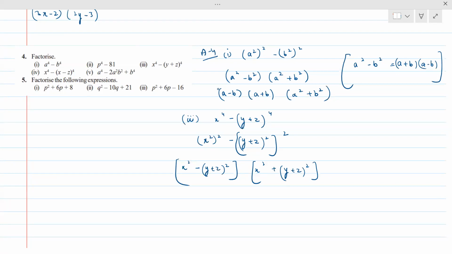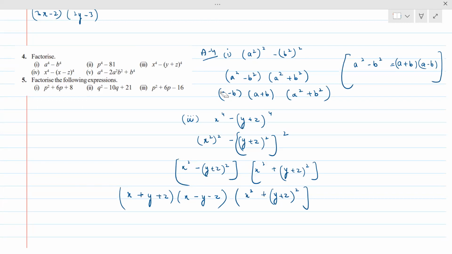This is a^2 minus b^2, so it will be (x plus y plus z)(x minus y minus z). And for the other, x^2 plus (y plus z)^2, it will be like this only. We do not need to expand the (a plus b) whole square further. We can leave it here also.